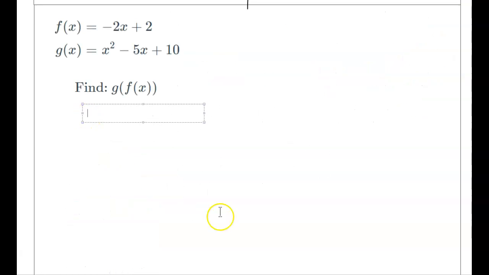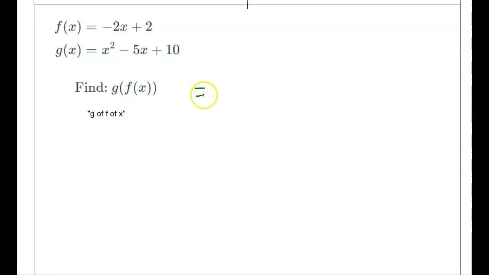Okay, now here we read this as g of f of x. The difference obviously from the last thing is that we don't have an x value, right? We just have plain old x. So we're looking for a formula for this. Notice g is on the outside.